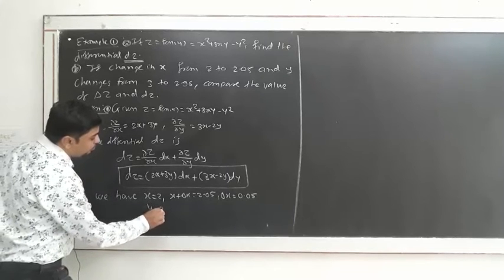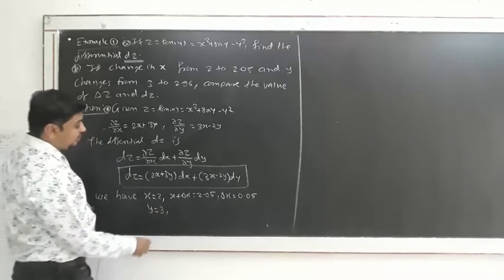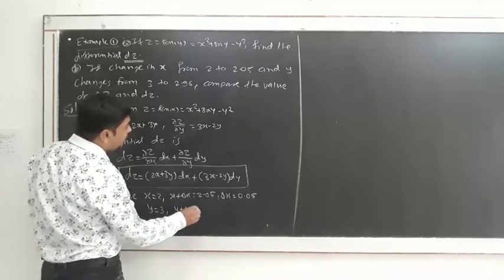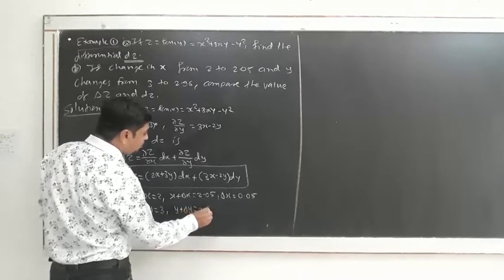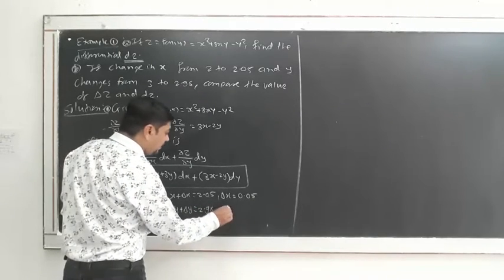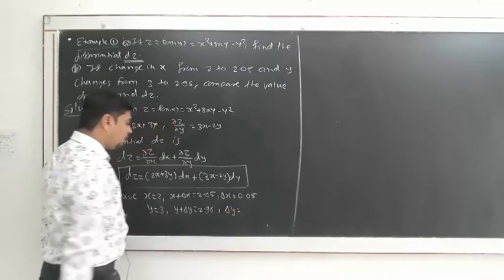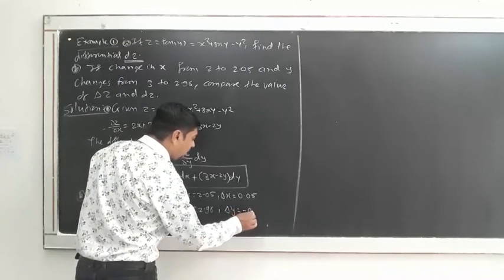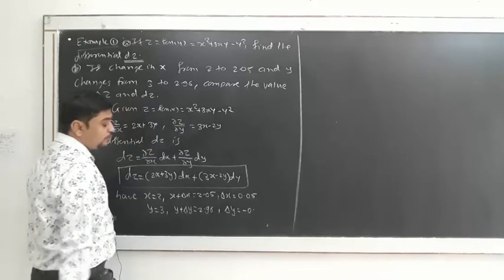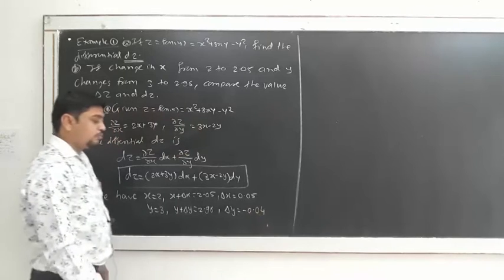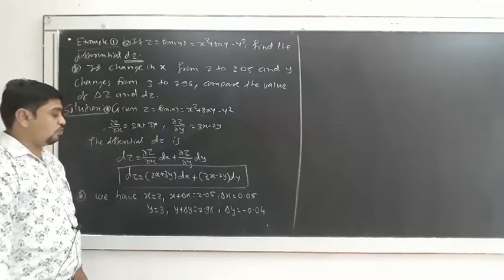So y is equal to 3, and y plus delta y is equal to 2.96. So what should be delta y? Delta y is equal to 2.96 minus 3, which is minus 0.04.